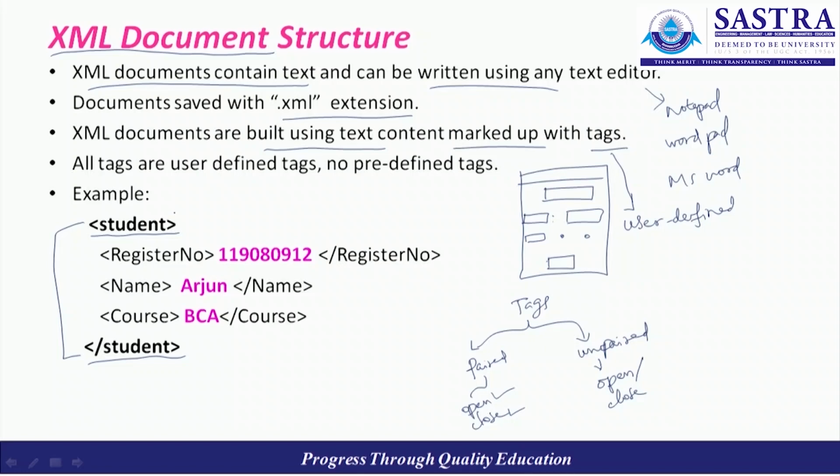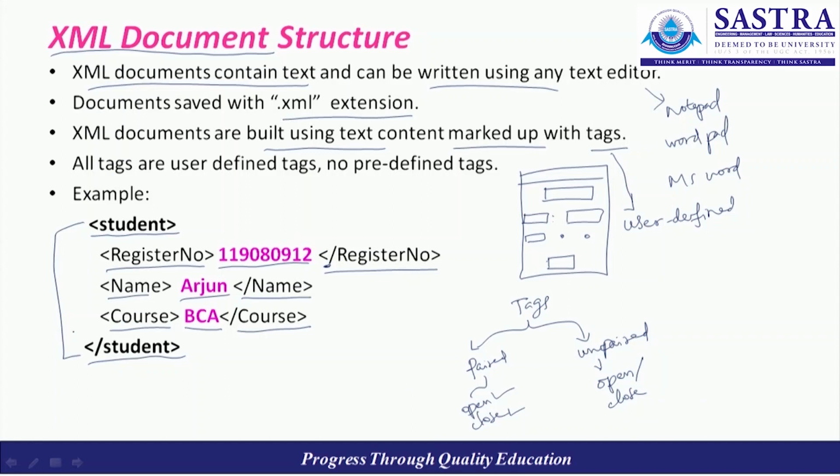This is an example. I can say register number, /register number. We know that the opening tag does not have a slash, only the closing tag has a slash. Then name, /name, course, /course. For better understanding, I have given different colors. What is this? It's a text. This is also a text. This is also a text.